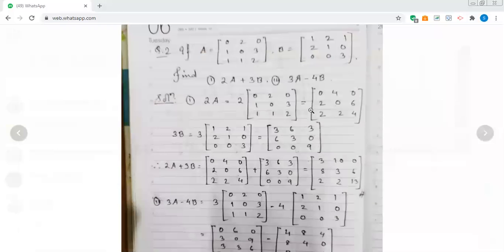Okay. So, understood the problem for addition and subtraction? With this problem, I just elaborate the application of addition, subtraction as well as the scalar multiplication. Understood? Or any questions regarding the addition, subtraction and multiplication? Anyone? Any query?